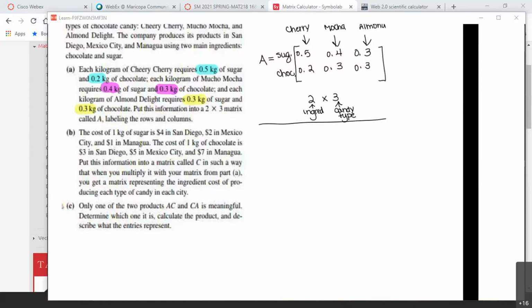So C can be either 2 by 3 or 3 by 2, right? So you can either have 2 be your ingredients and 3 be city, or 3 be city and 2 be ingredients.